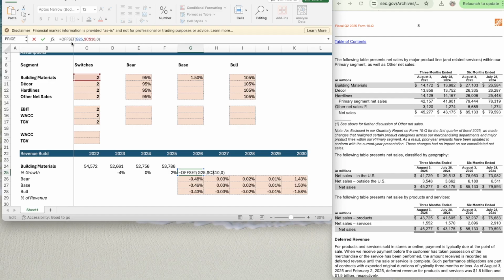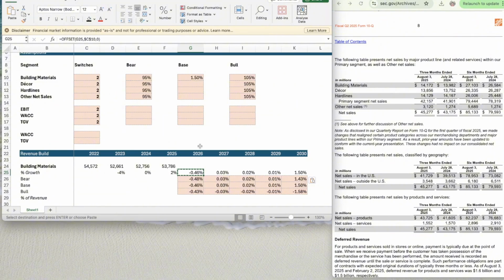Offset, the cell we're in, G25, comma, C10 for this switch, comma, 0, close brackets. And there we have it. Let's format as percentage, a couple of decimal places, and we just pull this all the way along.